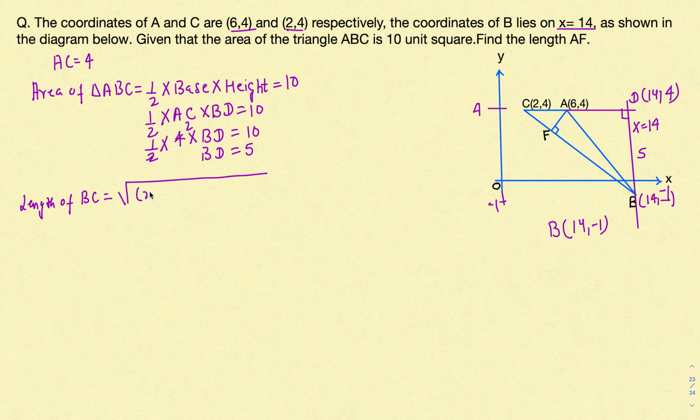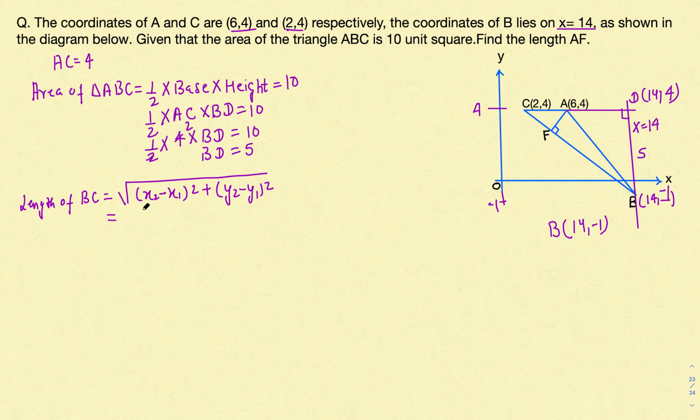It is (x2 minus x1) whole square plus (y2 minus y1) whole square. Now we are finding the length of BC, where B is 14 comma -1 and C is 2 comma 4, right?